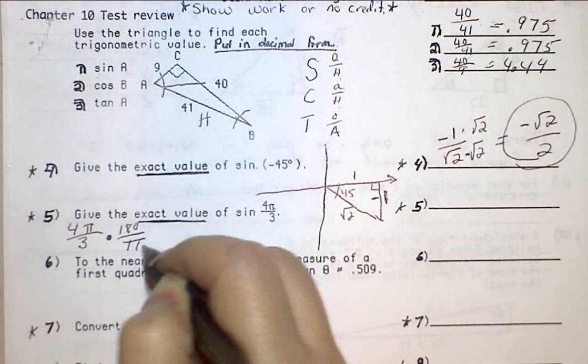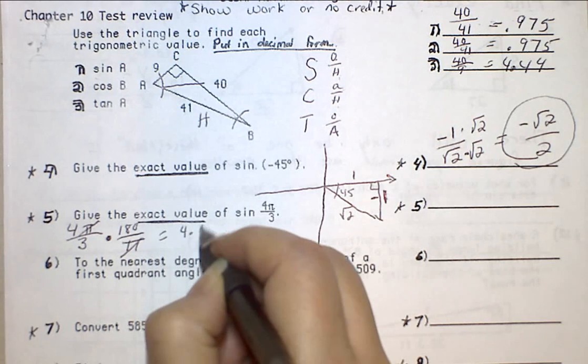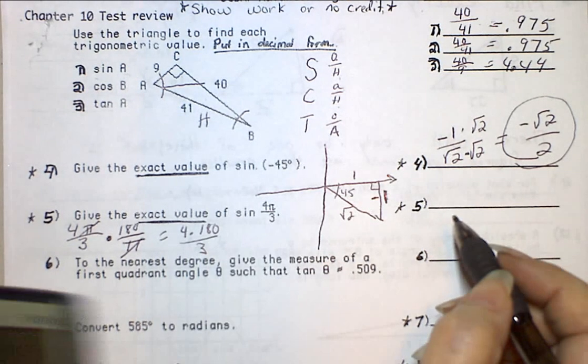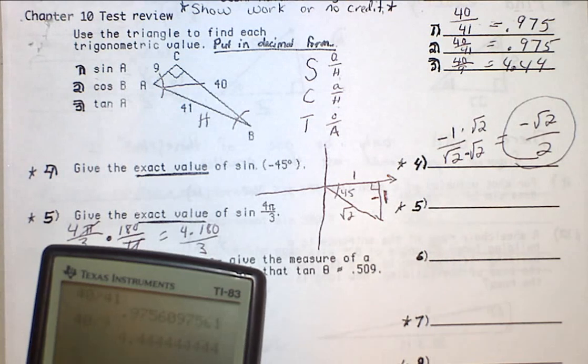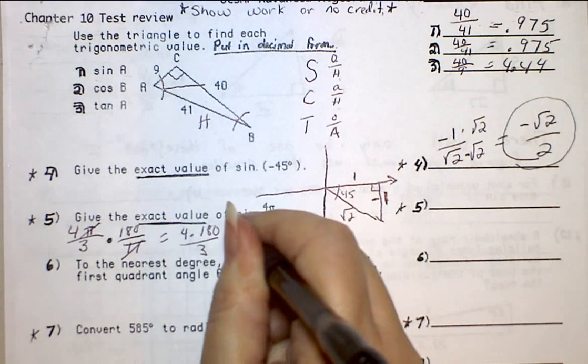My pi's cancel out. So I have 4 times 180 divided by 3. It's 240. So I'm finding the sine of 240.